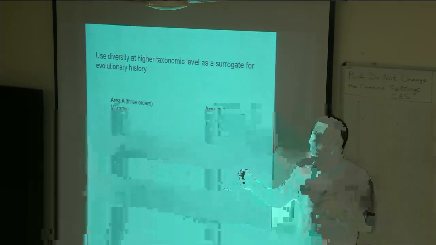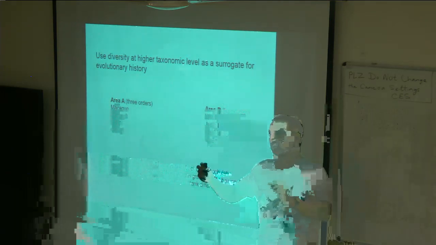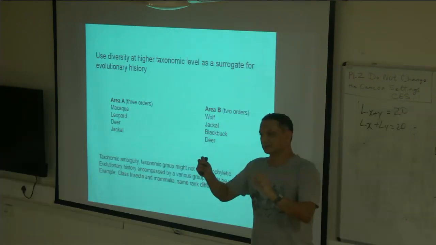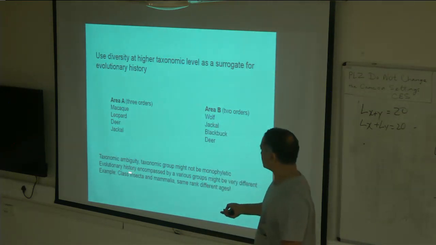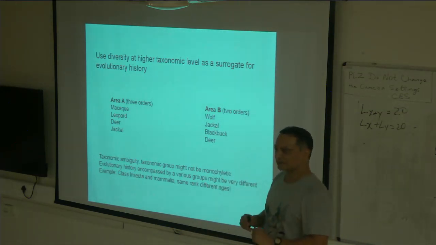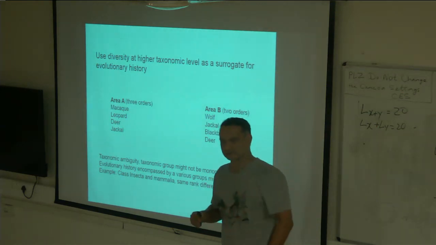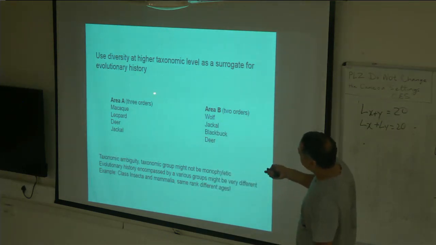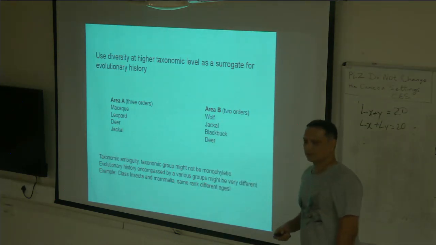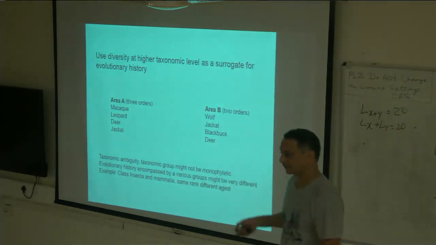So if you take 2 distantly related insects, its common ancestor goes way back, whereas 2 distantly related mammals, it's much more recent. So this hierarchy, class, is not comparable across taxonomic groups, right? So higher level taxonomy does not give you the complete picture. So we have to use phylogenetic tools.